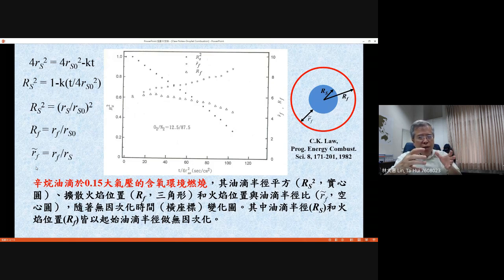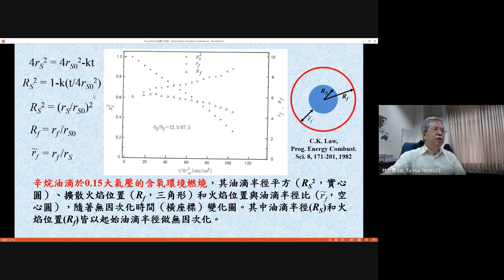One is the flame radius, the other one is the surface radius. They try to tell you the ratio between Rf and Rs, representing the standoff distance. That means we are looking at the size of the region between the liquid surface and the flame surface. We want to see how the change of this region becomes smaller or larger, and this tells you some important physical information we will explain later.